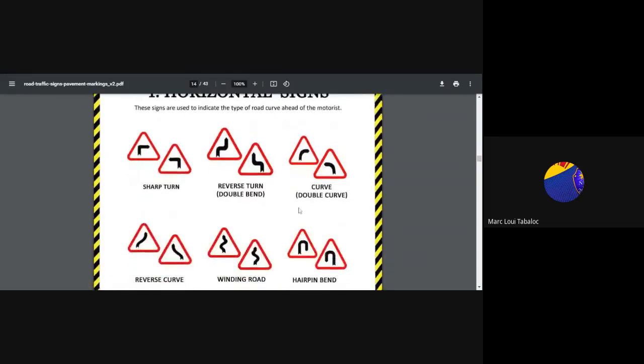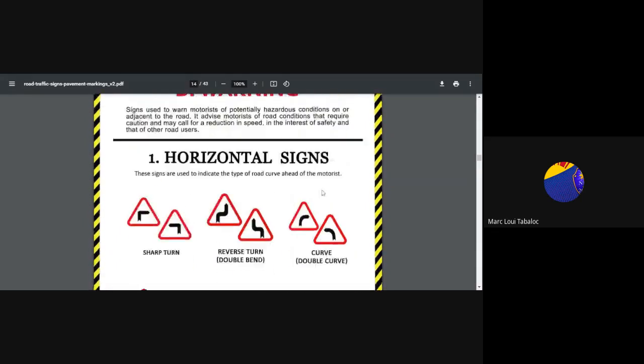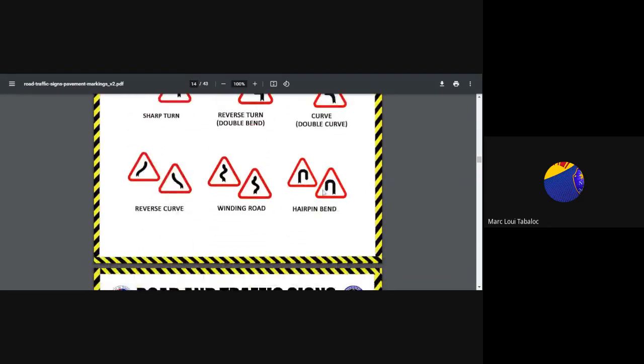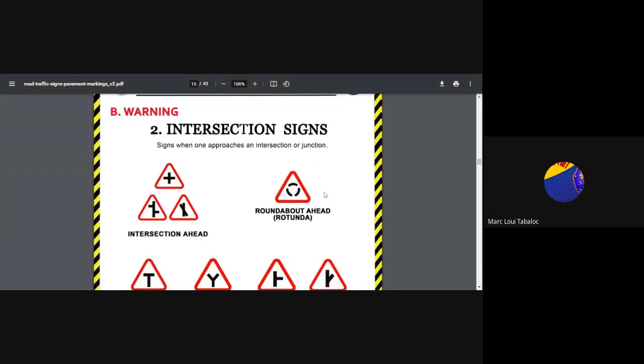Next, aside from those horizontal warning signs, meron diyang iba pang examples, is the intersection signs, which, of course, from the word itself, you would see them near an intersection. Regardless kung intersection is a standard intersection or a roundabout or rotunda, meron yan. Ayan.